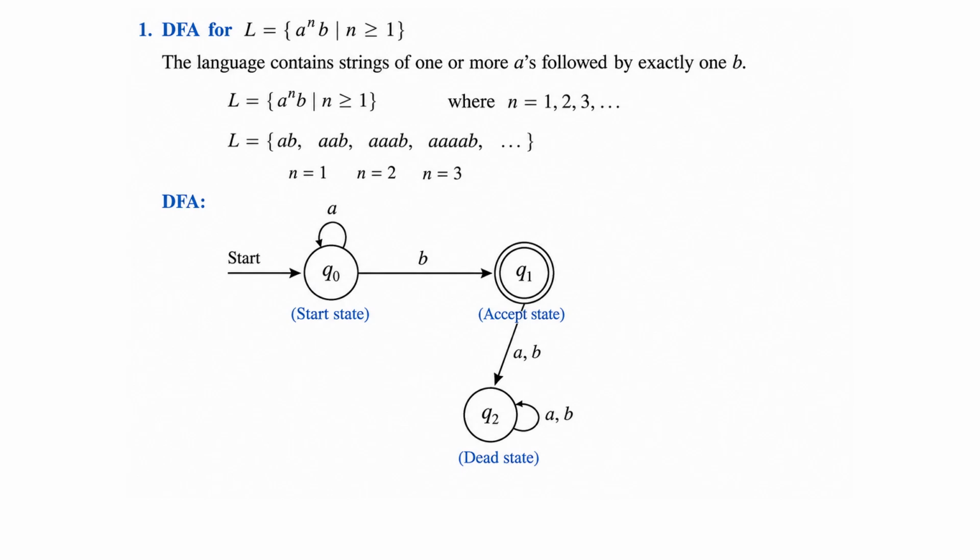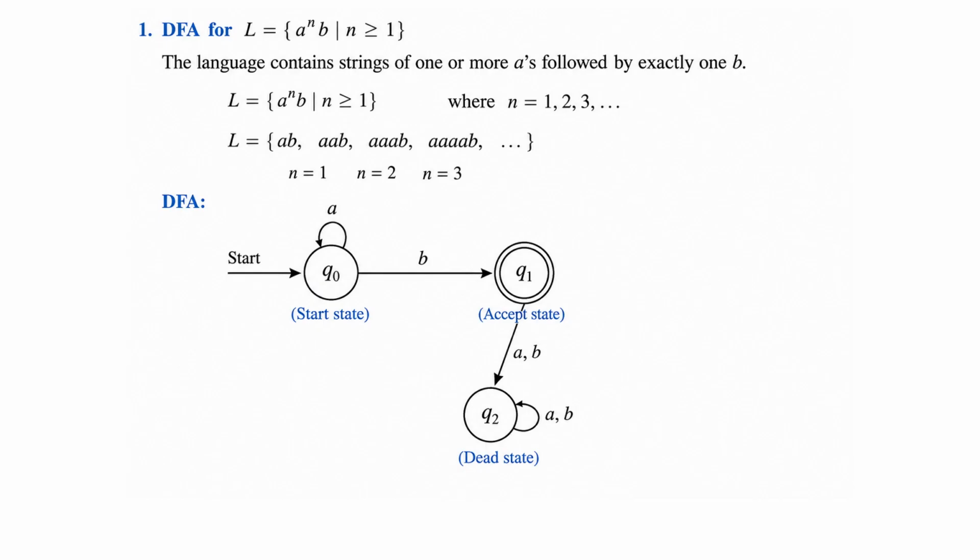For example, if you take aaab, first it remains in the same state Q0, next time again in Q0, next time again in Q0. Three times it stays in the same state. Then b, so it reaches the final state Q1.